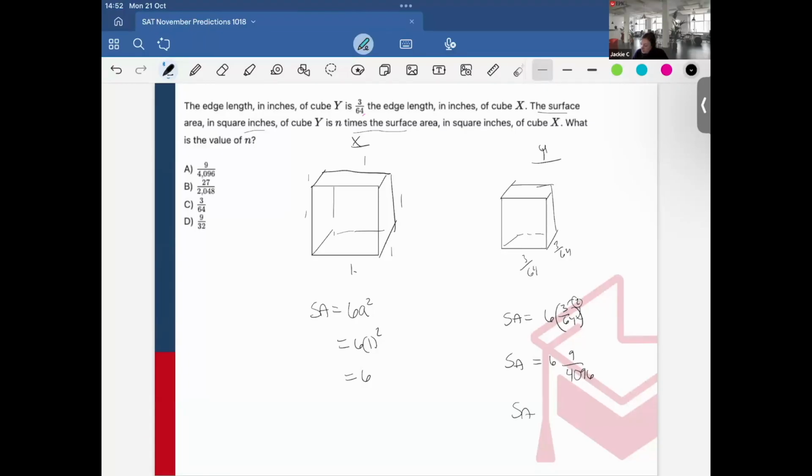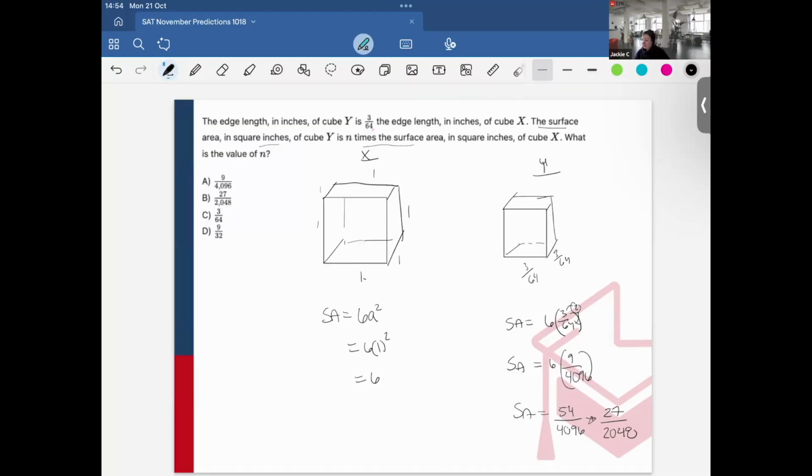Which I can multiply by 6 and make this 54 over 4,096. And dividing everything by 2, this simplifies to 27 over 2048.